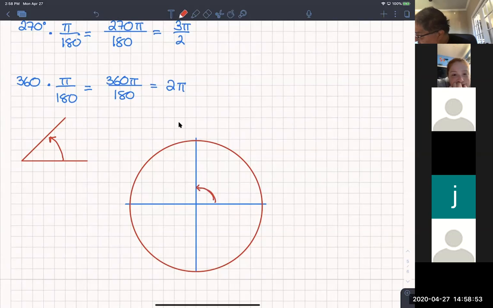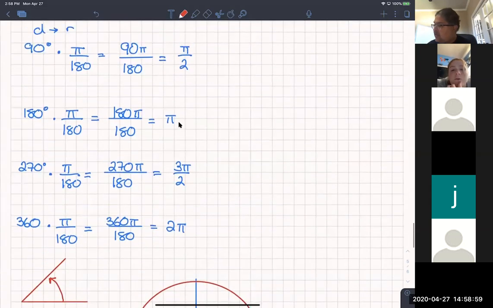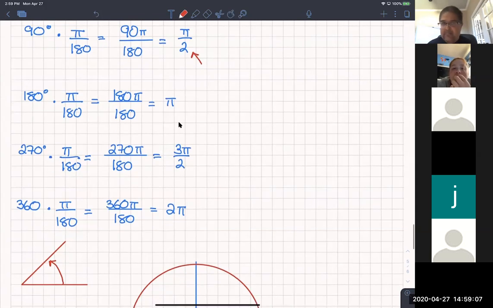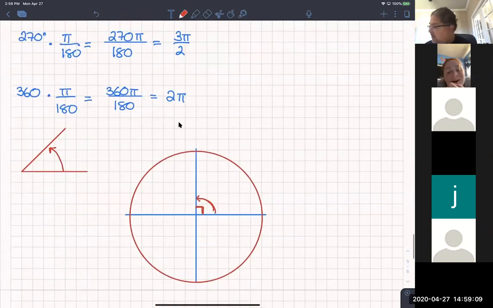What angle measure is this? 90. But what did we say 90 was? How many radians is it? Remember, we converted 90 degrees to pi over 2. Pi over 2, right.